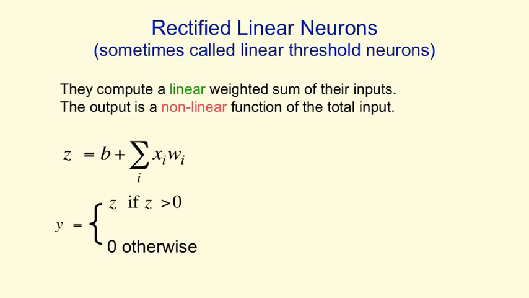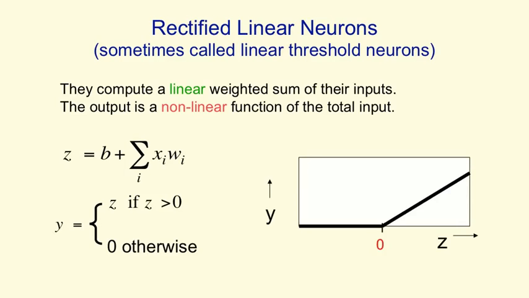Otherwise, we give an output that's equal to z. So above 0 it's linear, and at 0 it makes a hard decision. So the input-output curve looks like this. It's definitely not linear, but above 0 it is linear. So with a neuron like this, we can get a lot of the nice properties of linear systems when it's above 0. We can also get the ability to make decisions at 0.